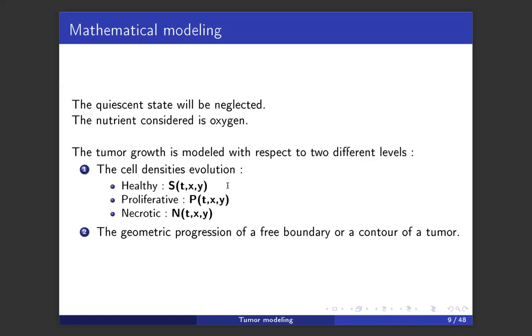The tumor growth is modeled at different levels: the cell density evolution, where we are interested in the healthy cells, proliferative cells and necrotic cells, and also the geometric progression of the tumor, so we have to search for the free boundary, which is the contour of the tumor.